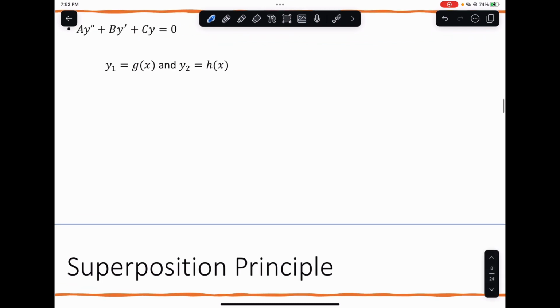Therefore, y sub 1 prime would be g prime of x, and y sub 1 double prime would be equal to g double prime of x. And then y2 prime would be equal to h prime of x, and y2 double prime is equal to h double prime of x.